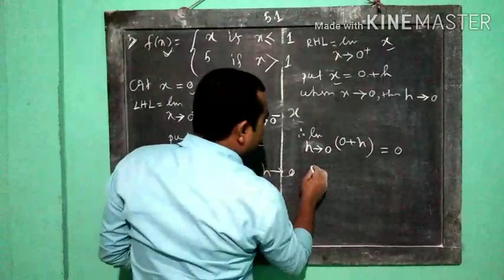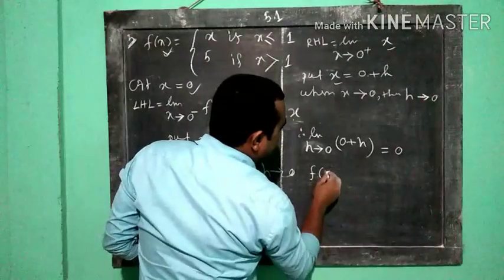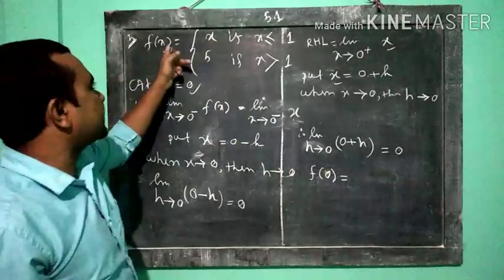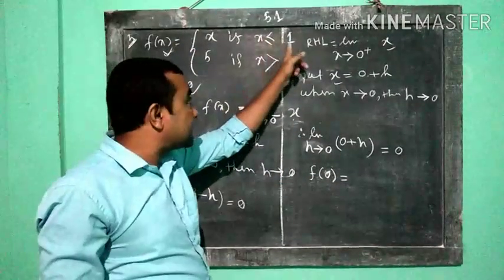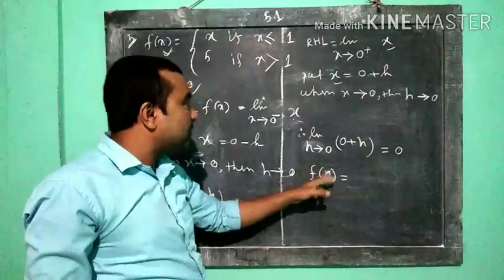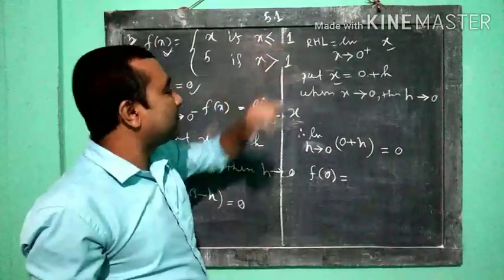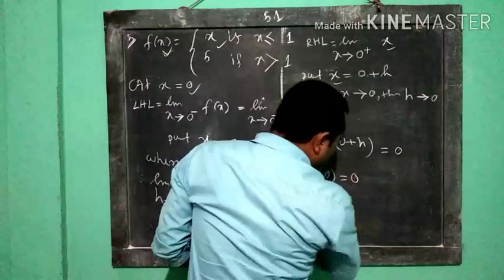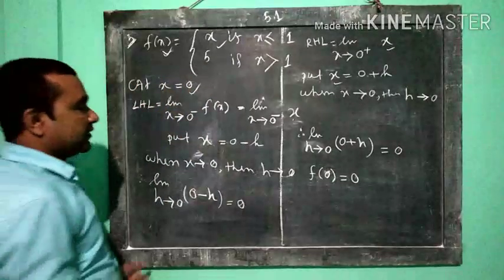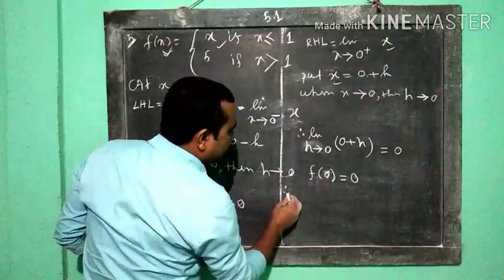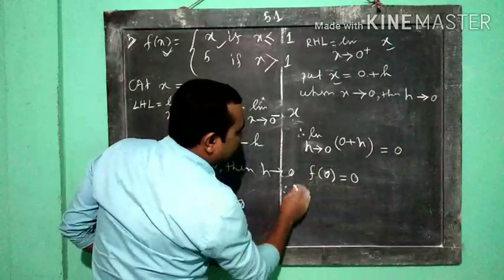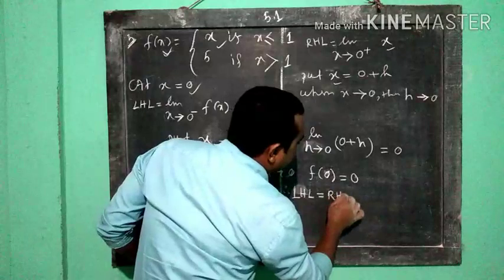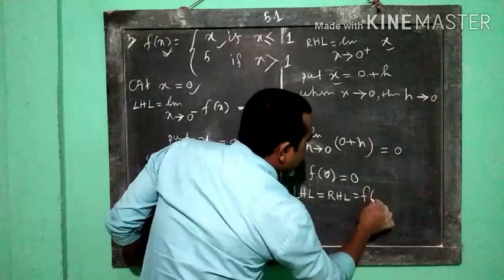Now f of 0 equal to f of x. Since x is less than or equal to 1, then 0 is obviously less than or equal to 1, so it takes the value of x. So f of 0 equal to 0. Therefore we have left hand limit equal to right hand limit equal to f of 0.